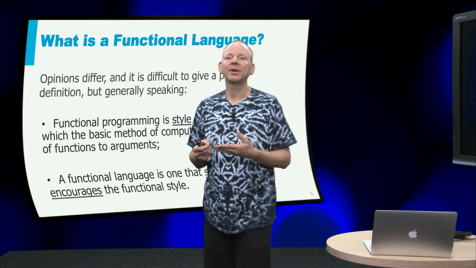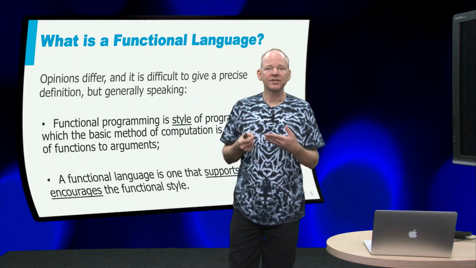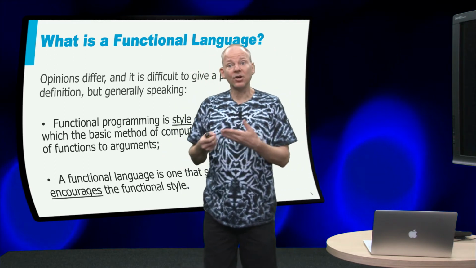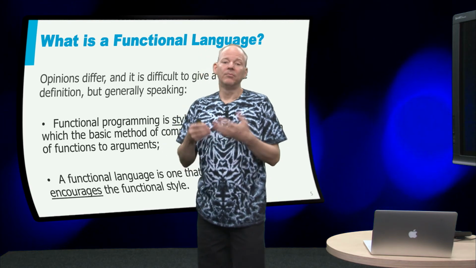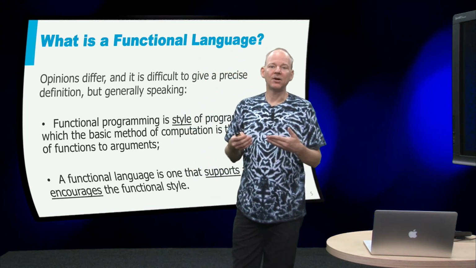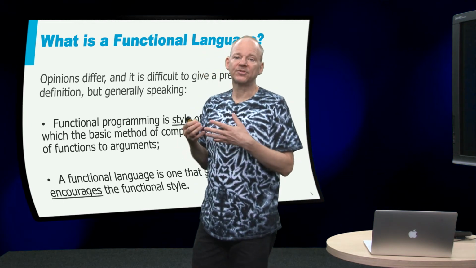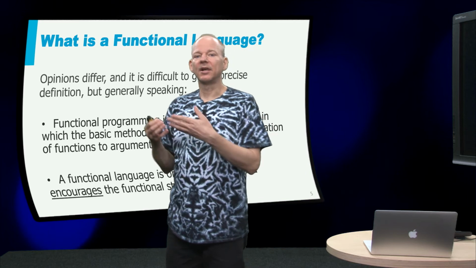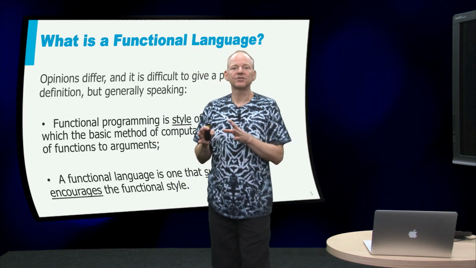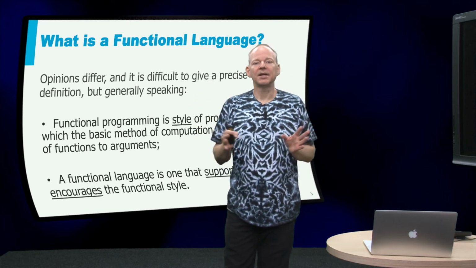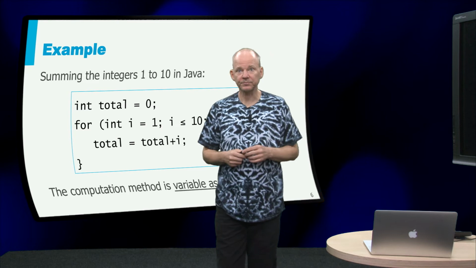So a functional programming language is a language that supports and encourages writing code using expressions. And as I said before, most modern languages now support this style. And they support this style specifically by supporting lambda expressions. And we will see examples of functional programming in many, many languages as we progress through this course.